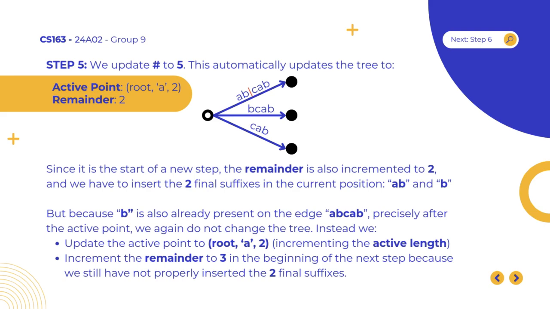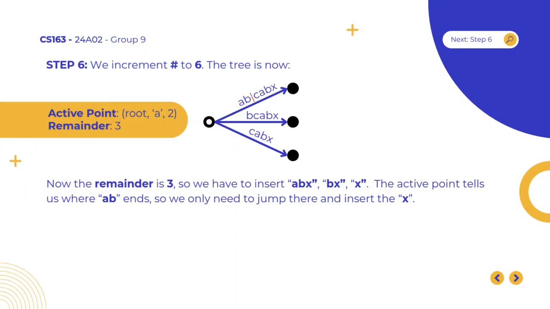So at the next step, it would be 3, because we haven't inserted the two final suffixes properly. Step 6, we increment the position to 6. So the tree is now this.